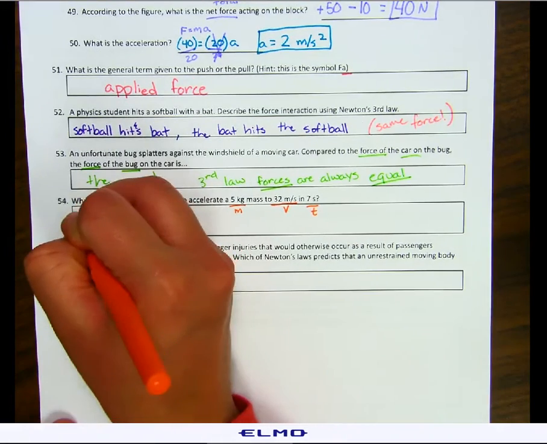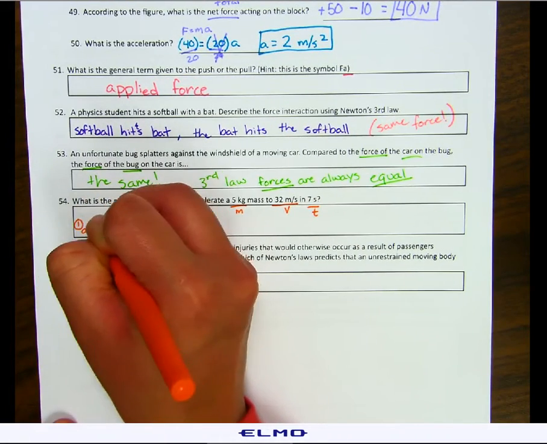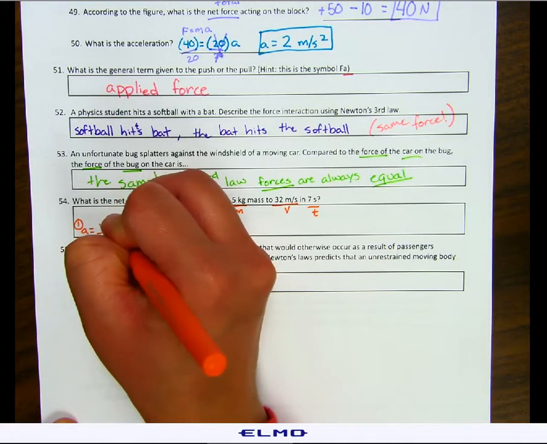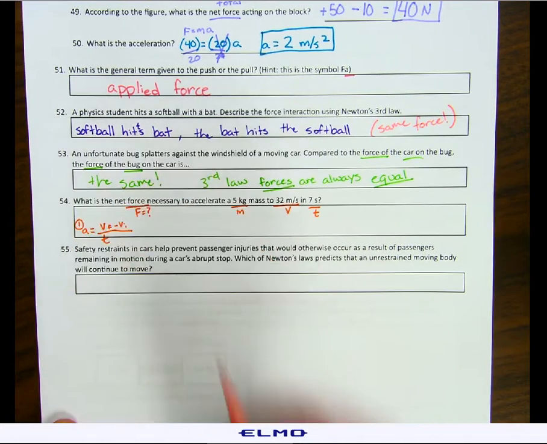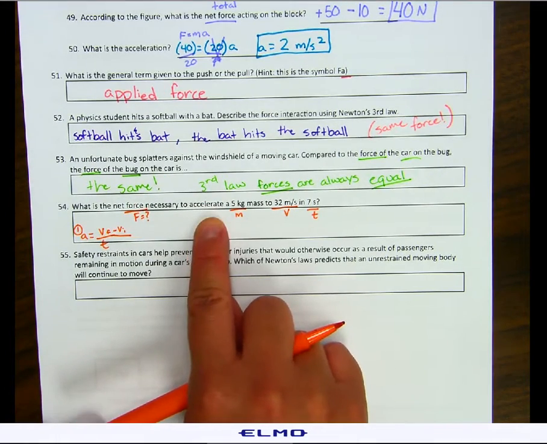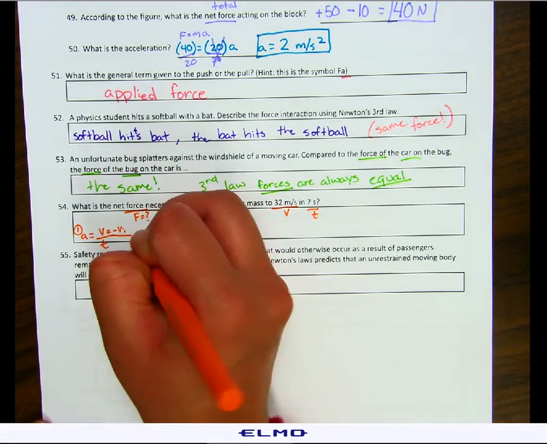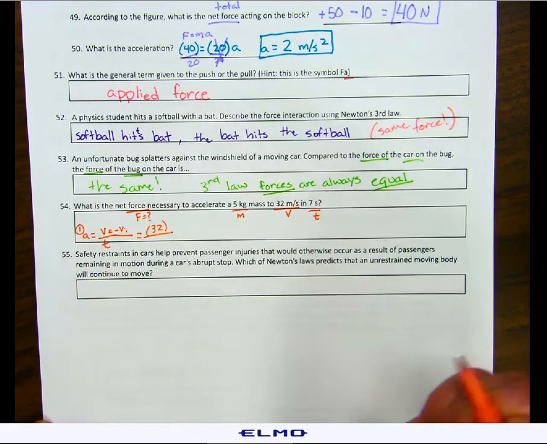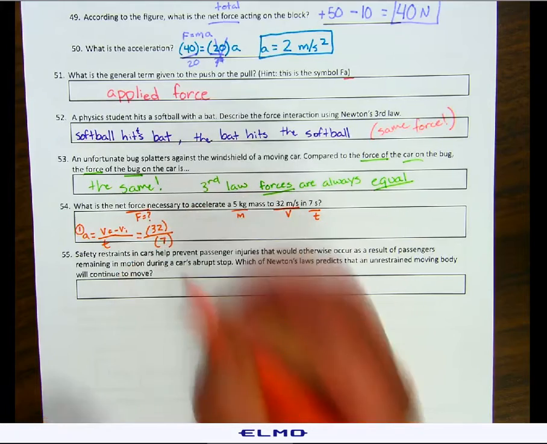So the first thing we're going to do is acceleration equals velocity over time. Could be VF minus VI, but we're going to assume that initial velocity is 0. We're going to assume it was at rest first, then we're going to accelerate it. So that is just 32 divided by my time, which is 7 seconds.